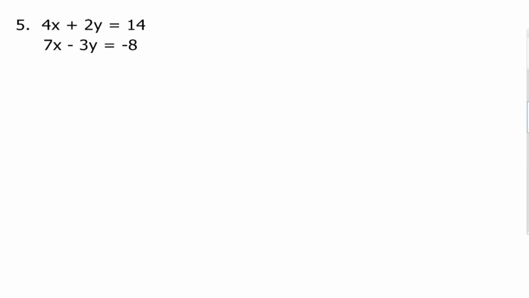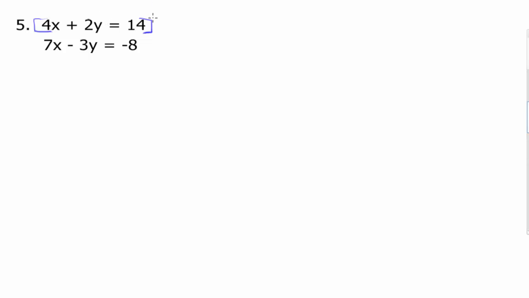Now on this last one, you have to multiply both. This is the only one we're doing like this. You have to multiply both, because you can't make a 4 into a 7 or a 2 into a 3. I would pick the 2 and 3 just because they're smaller numbers. We would make them both 6.